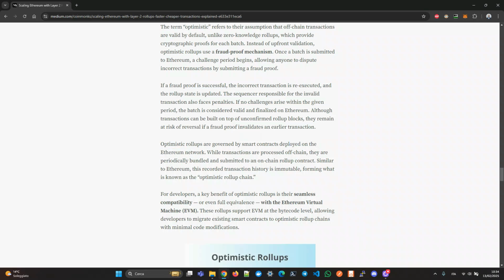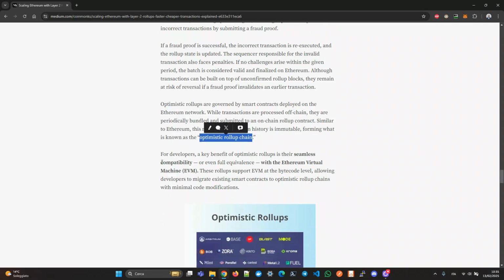So while transactions are processed off-chain, they are periodically bundled and submitted to an on-chain rollup contract. This, of course, is the record of the transaction history. Then, when it is finalized, it becomes immutable, and this is known as the optimistic rollup chain.